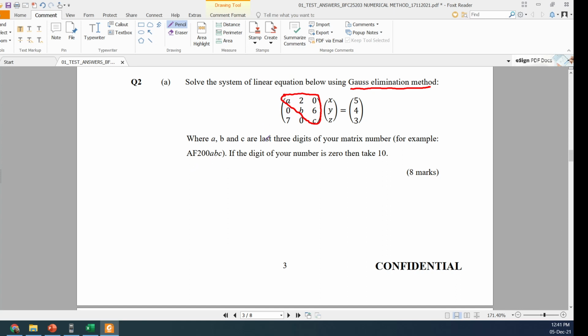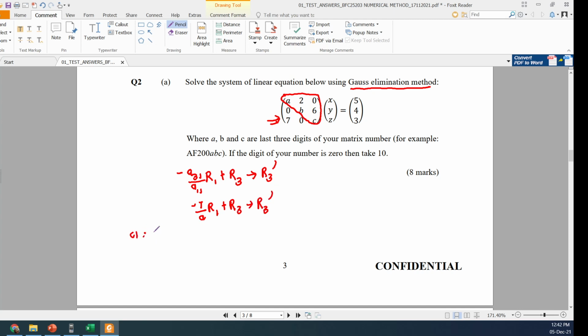Okay, if you perform using A, then the operation, when we want to target to make A31 become 0, the operation is negative A31 divide A11 multiply row 1 plus row 3 put into the new row 3. Okay, so it's negative 7 over A row 1 plus row 3 put into row 3.